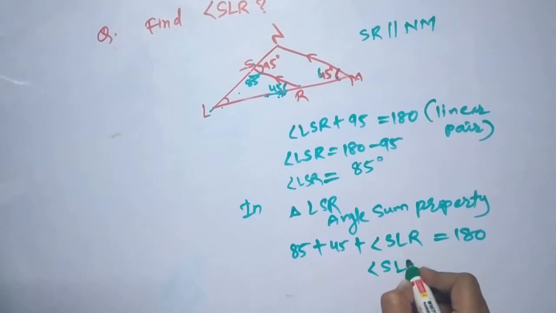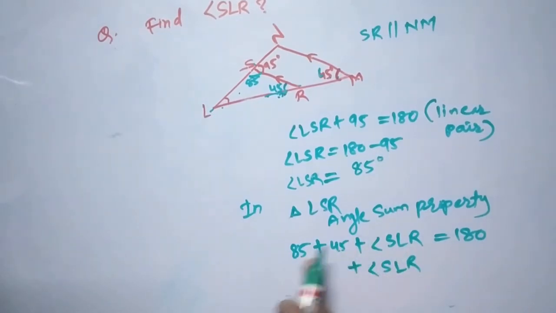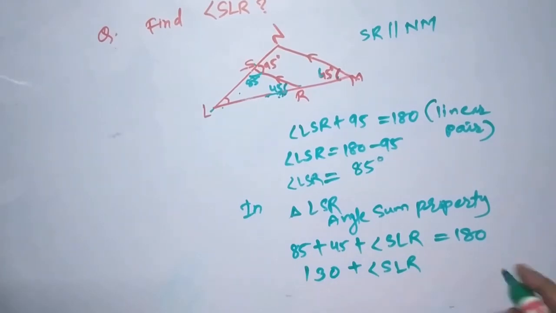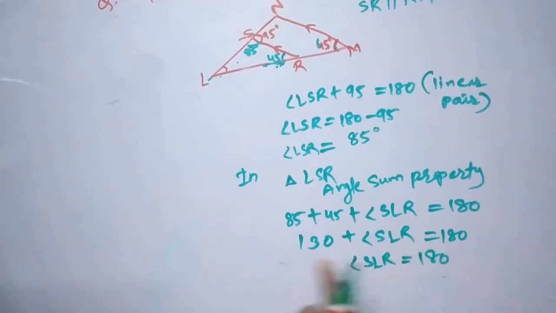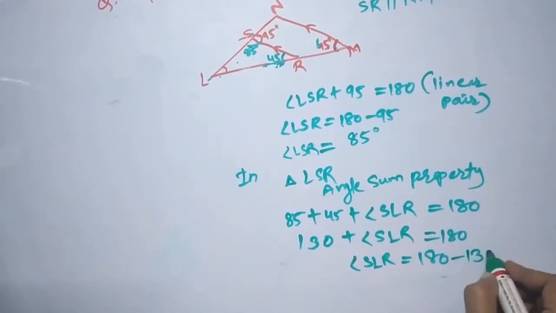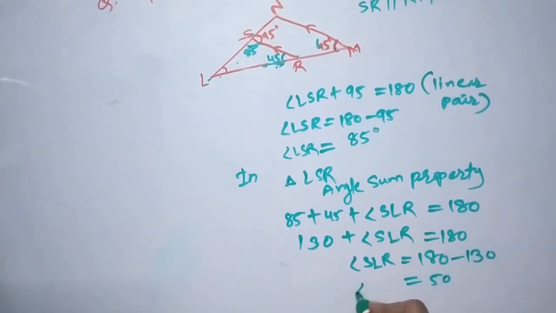So adding them, we are getting 130, which is equal to 180. So friends, now simply find SLR is equal to 180 minus this 130. We'll get 50 degrees.